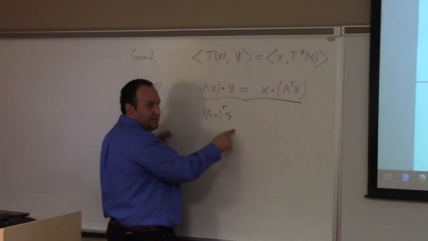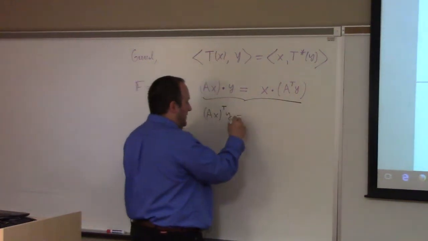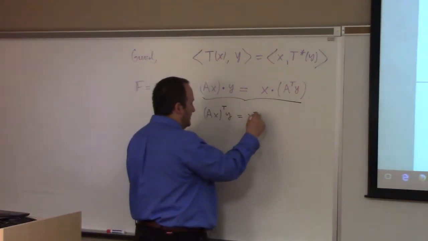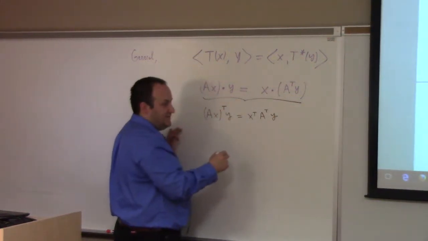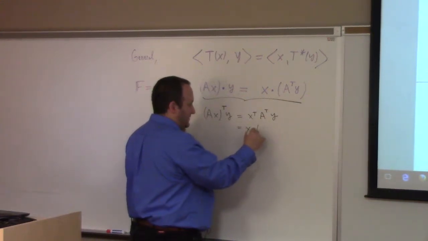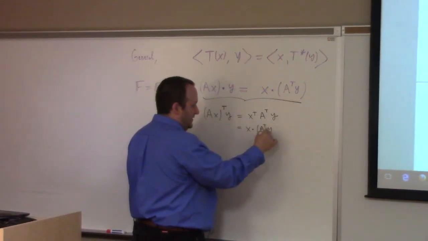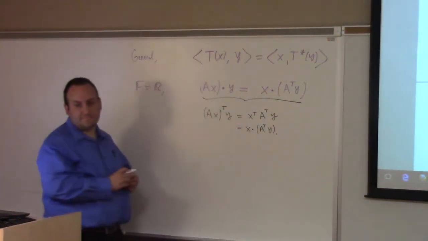So this is the right formula for the dot product as a row times column multiplication, right? And so by socks and shoes, that's X transpose A transpose Y, which is thus X dotted with A transpose Y. Yep. There you go.